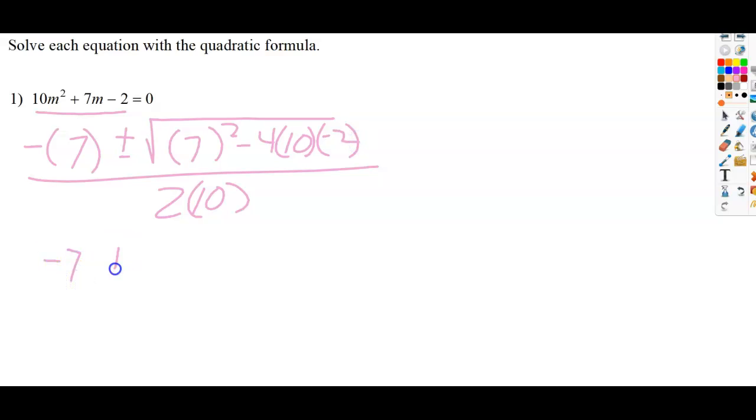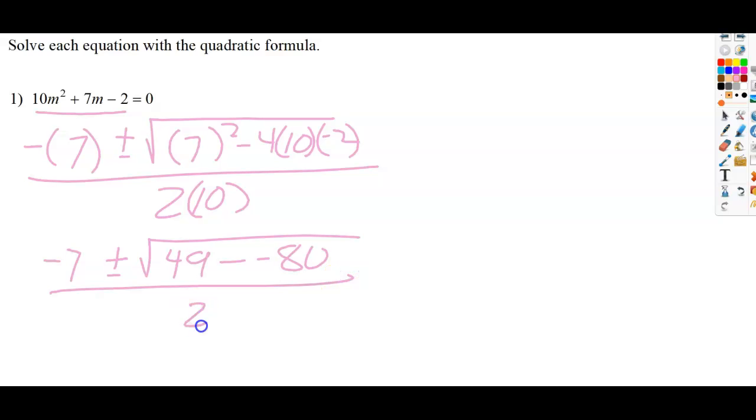So the first term becomes -7. 7 squared becomes 49. 4 times 10 is 40, times -2 is -80. And then on the bottom, 2 times 10 is 20. Double negatives become a positive, and now I have 129.